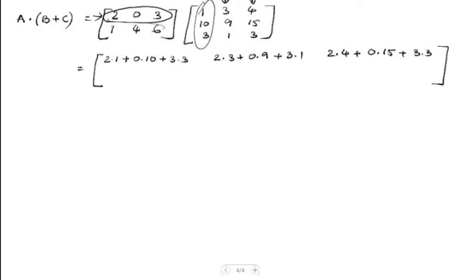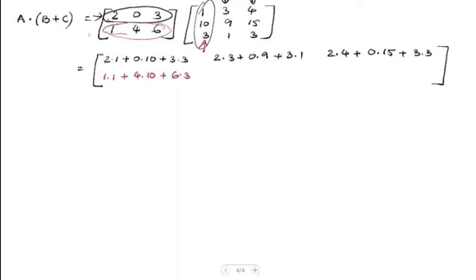Okay, so what we now do is we take the second row here and we start from the first column. So we have 1 times 1 plus 4 times 10 plus 6 times 3.